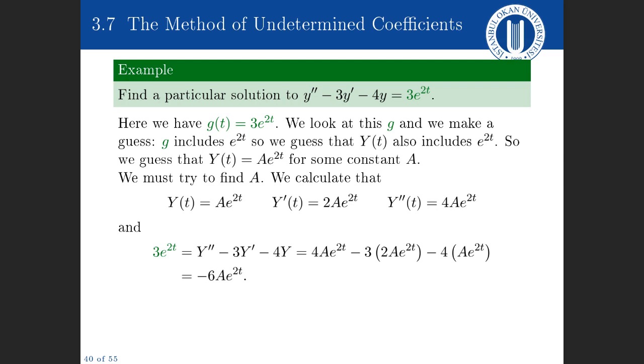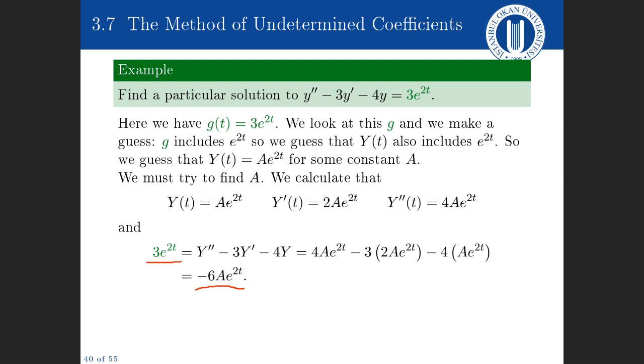So I'm starting with what I want to be true. I want 3e to the power 2t to be equal to capital Y double prime minus 3 capital Y prime minus 4 capital Y. And I'm guessing that capital Y could be written like this. So substitute in and simplify, and we end up with minus 6a e to the power 2t.